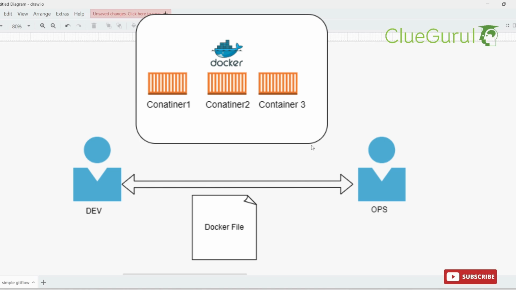And the ops team just runs one command, which would be the docker run command, and runs a container out of an image. Just make sure that Docker is installed on the host machine so that he could run the Docker commands and containerize the application using an image. So the ops team can now simply use this image to deploy the application, since the image was working fine on the developer machine where the developer has built it. It is also guaranteed that it would work on any of the other machines and other platforms.